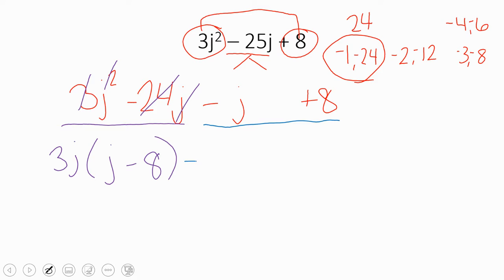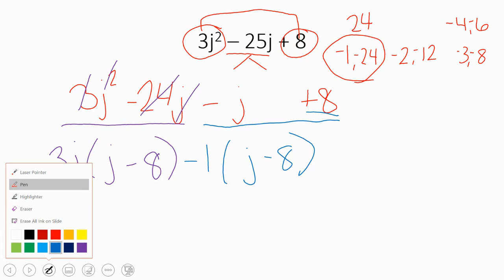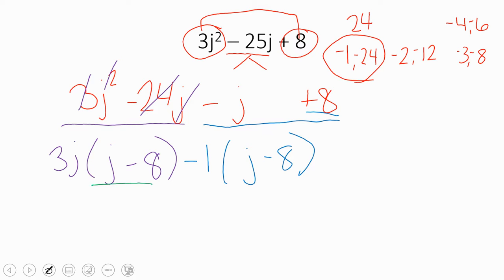So that means I need to factor out a negative. So that's going to make that positive j, and that's going to make this negative 8. Right, now that these are the same, my first factor is j minus 8, and my second factor is 3j minus 1.